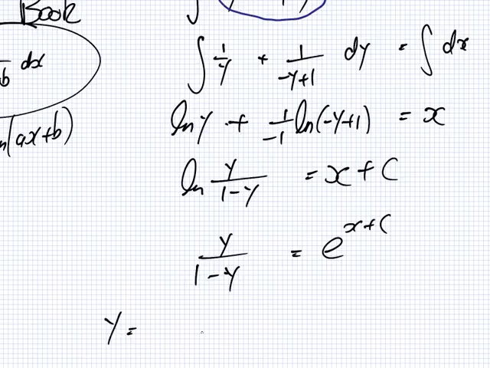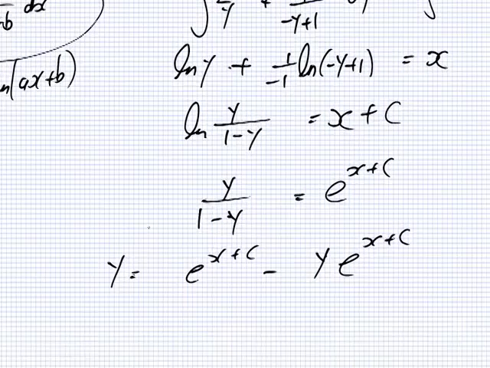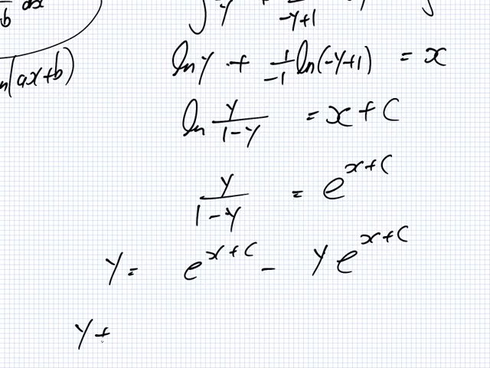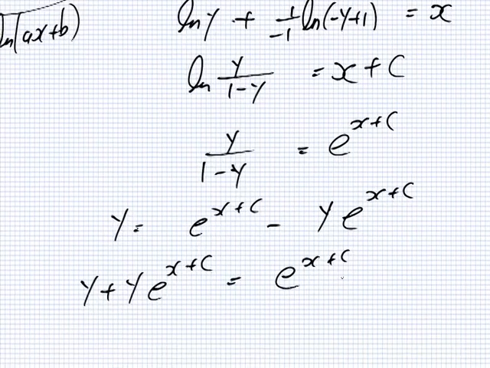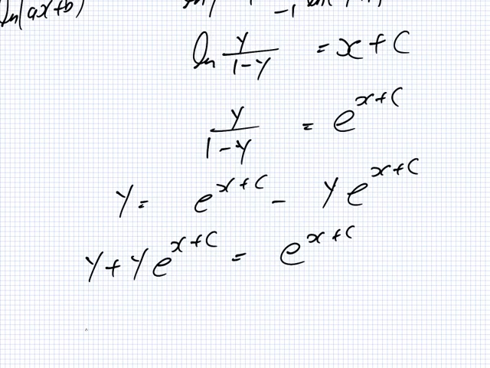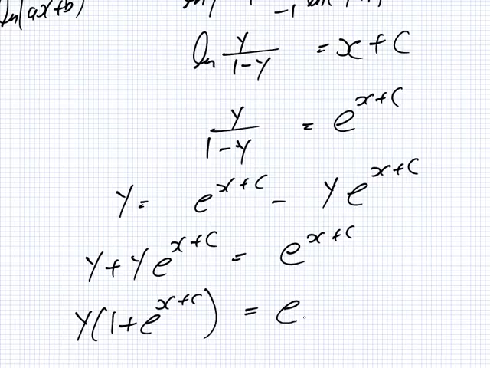So y equals e to the x plus c minus y times e to the x plus c. So y plus y e to the x plus c equals e to the x plus c, when you take it to the left. What's next, do you think? y times 1 plus e to the x plus c equals e to the x plus c.